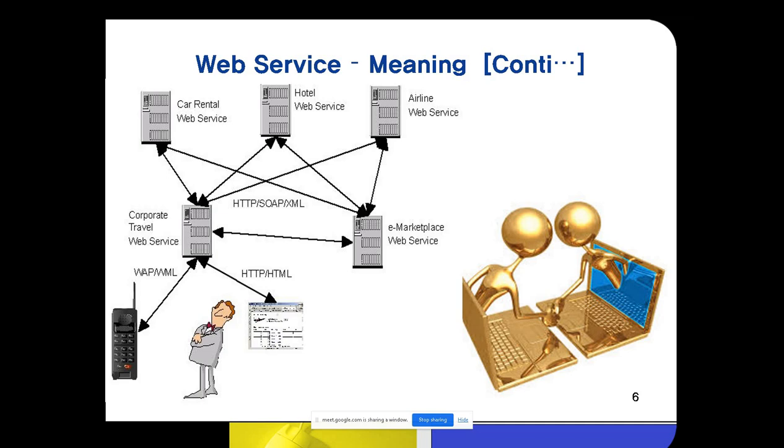The e-marketplace web service and the corporate travel web services interact with other web services programs without human intervention with the help of the internet. So this diagram shows that the human persons just watch what is going on between these components. These software components interact with each other to get the task done. So this is the major ideology of web services.